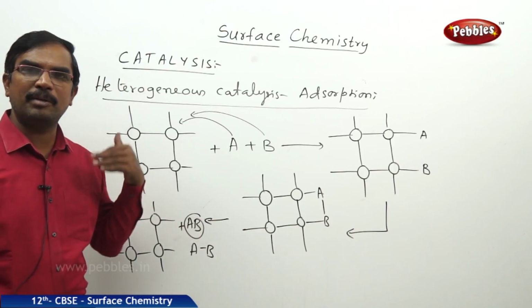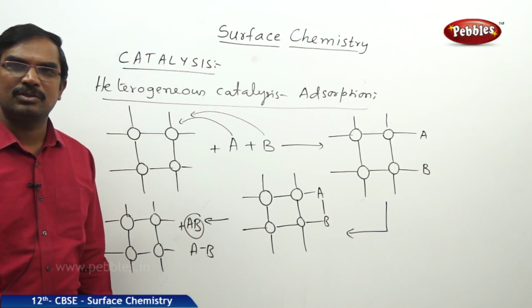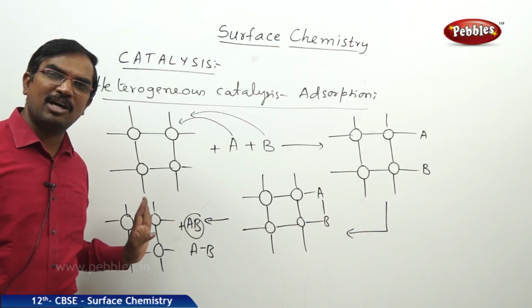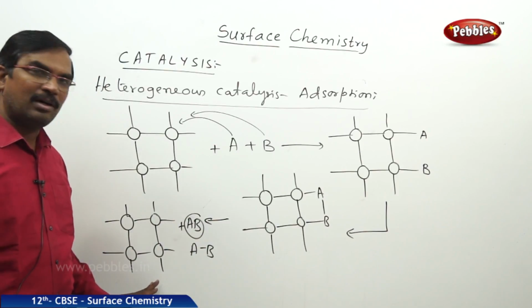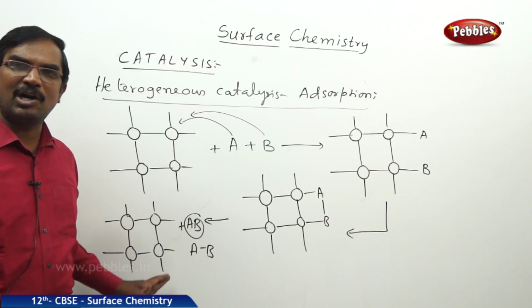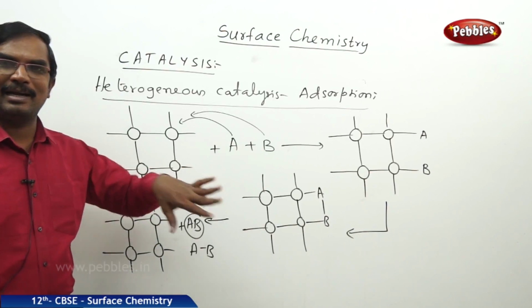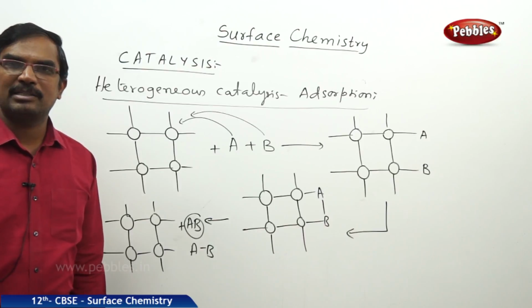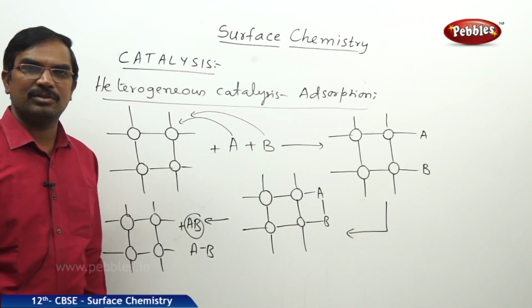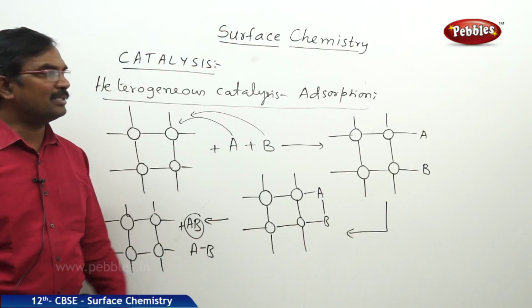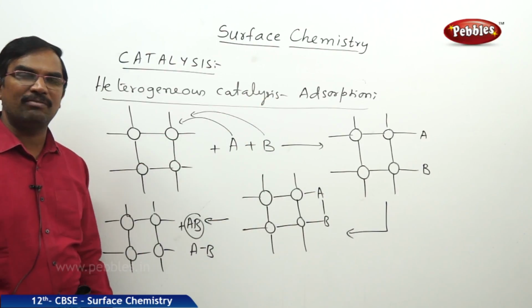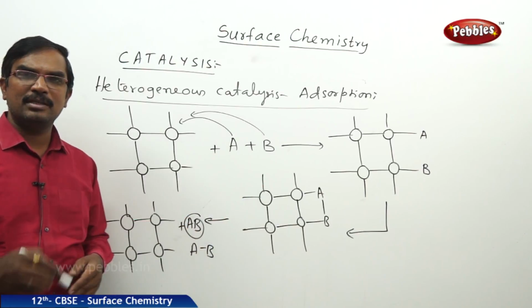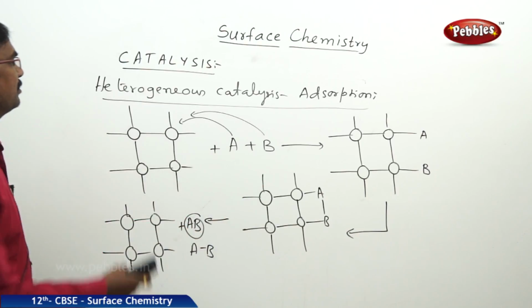Attraction should be there, but it should not be that strong. If it is too strong, it is difficult to remove AB from the catalytic surface. If it is not removed, it is not ready for the next adsorption followed by further chemical reaction. So this is heterogeneous catalysis, and this is how the adsorption theory explains this particular process.